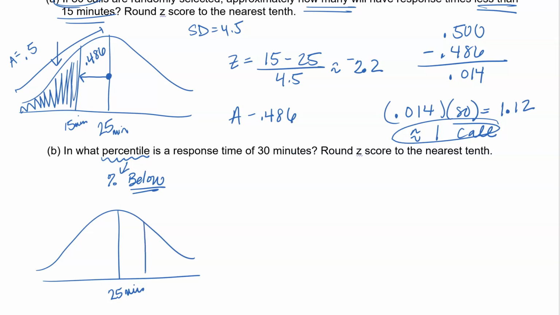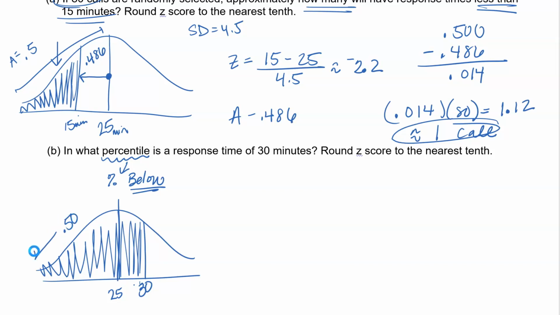So 30 minutes is going to be to the right of 25. And if I want the percentage below, I want all of this. Now I know that 0.50 is the area of everything to the left of the average. I need to know the area between 25 and 30.